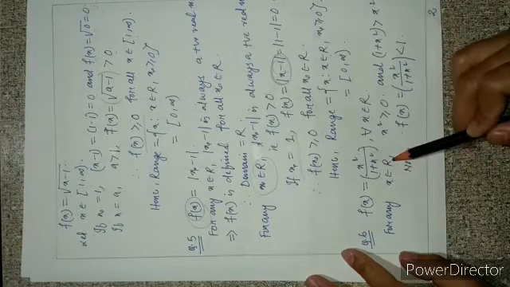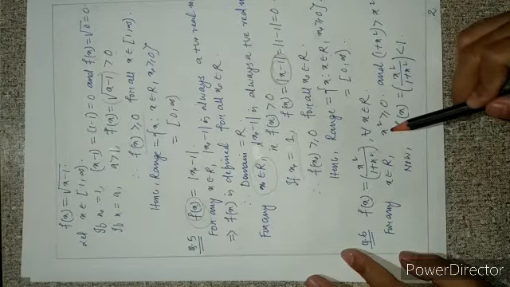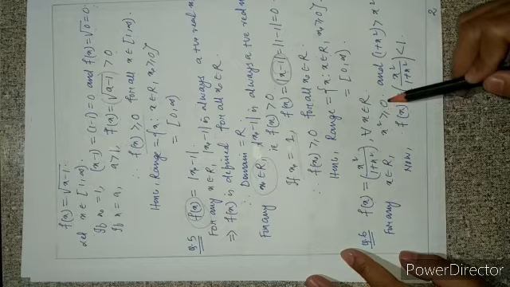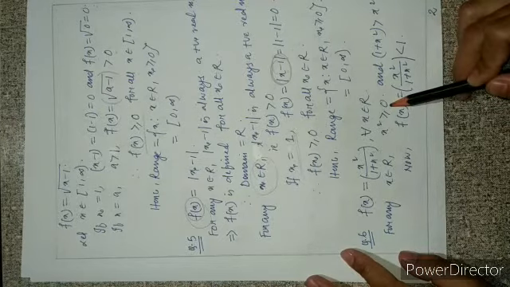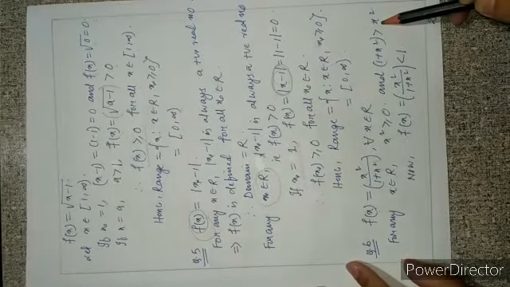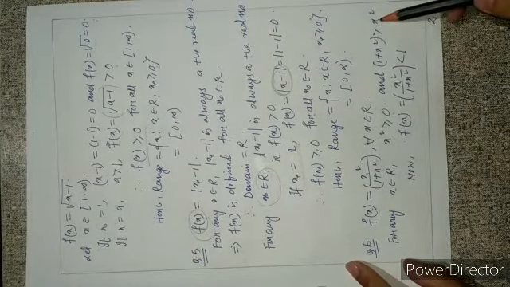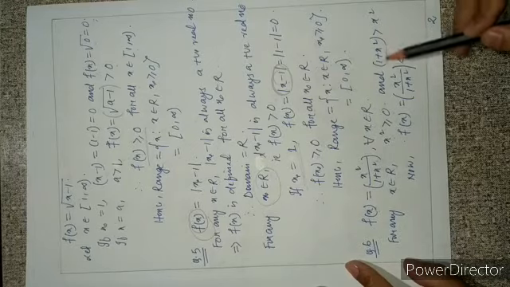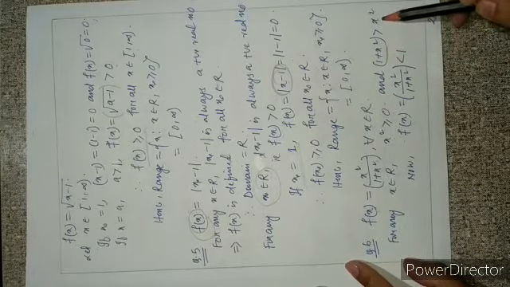For any real number x, its square is always greater than or equal to 0, and 1 plus x square is always greater than x square.